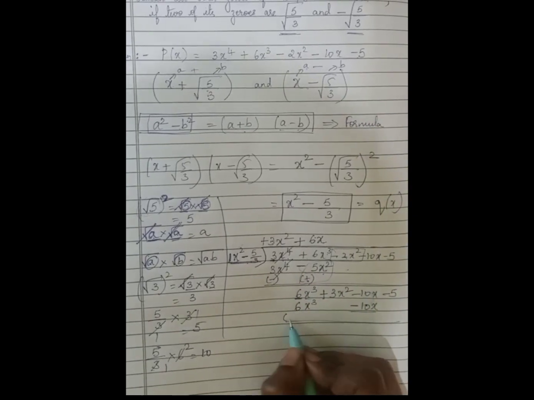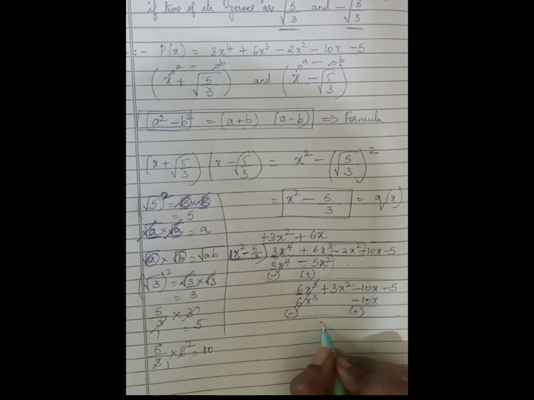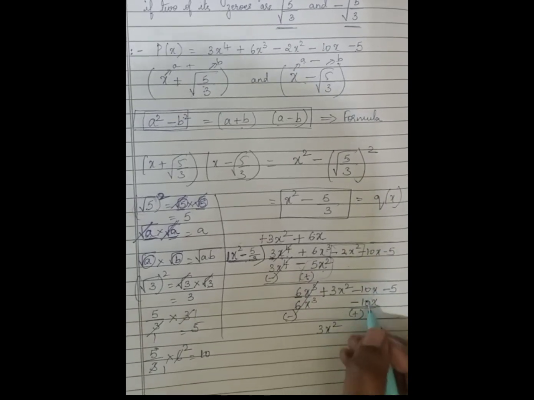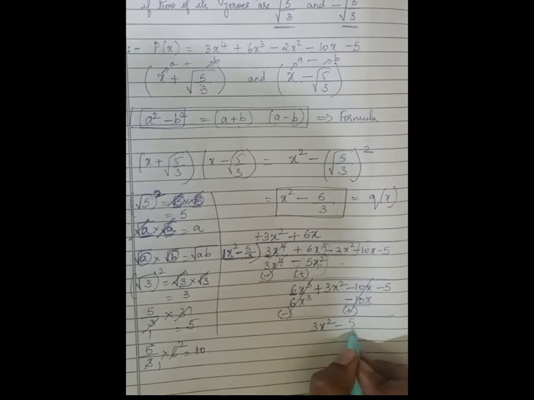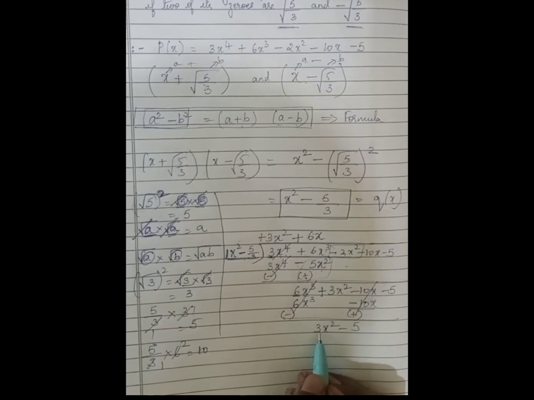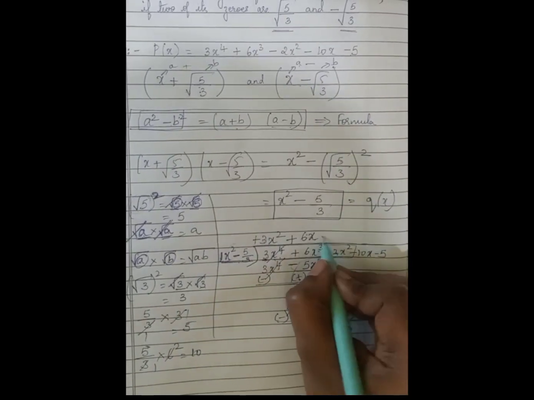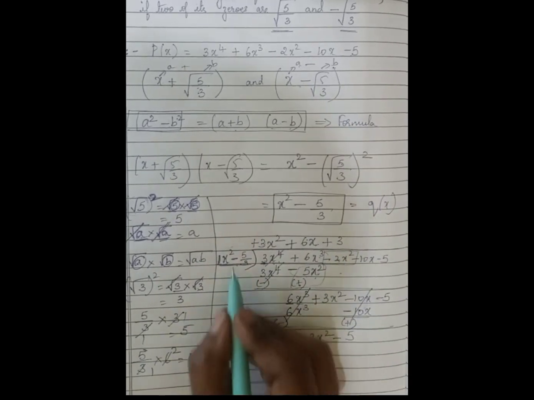Now change the signs. Cancel. 3x square comes as it is. Plus 10x minus 10x will also get cancelled. Minus 5. Now here we have 1. I have 3. Next, to get 3, I'll multiply with plus 3. So 1 threes are 3.